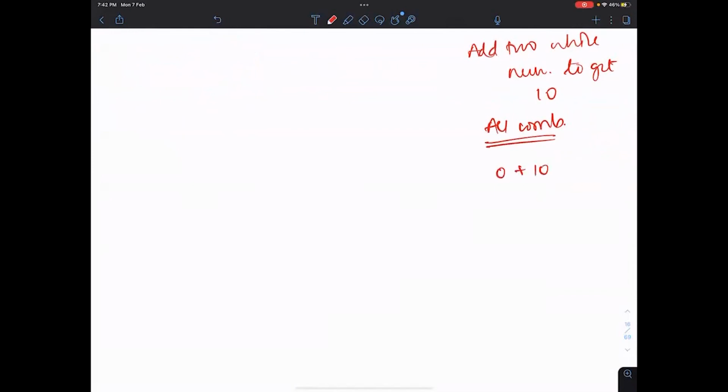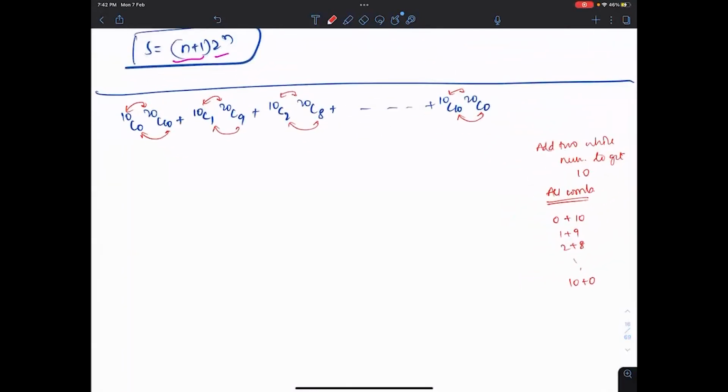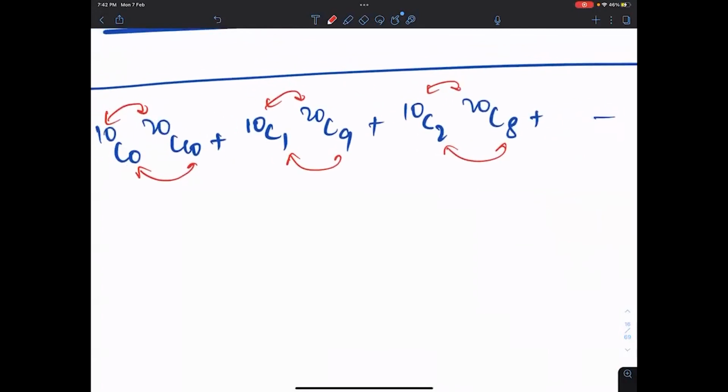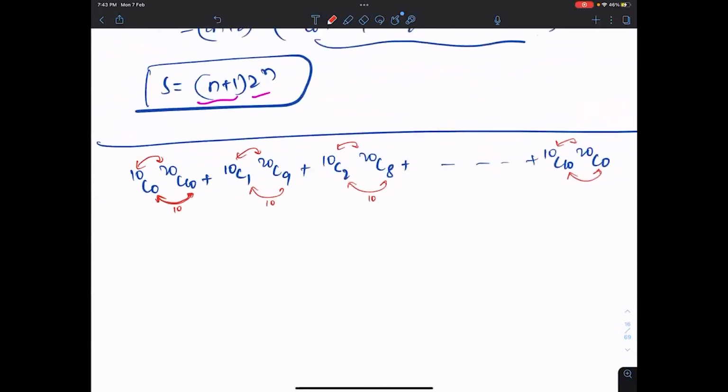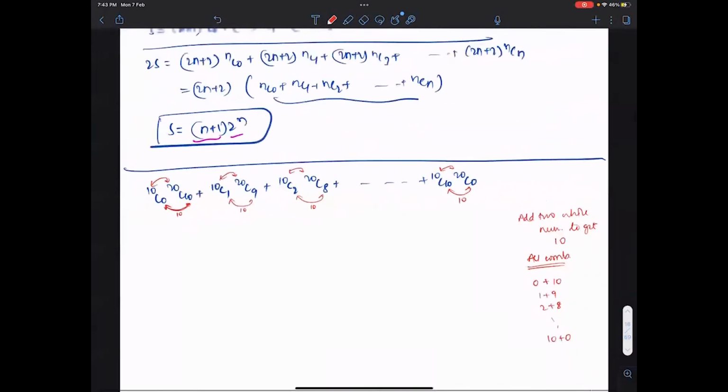All combinations are 0 plus 10, 1 plus 9, 2 plus 8, like that, 10 plus 0. Now make sure, what did we say? The sum of the bottom is always the same, how much? 10. You just need to make sure of only one thing: are all the combinations of sum 10 there or not? Only when they are there, you can use this formula.